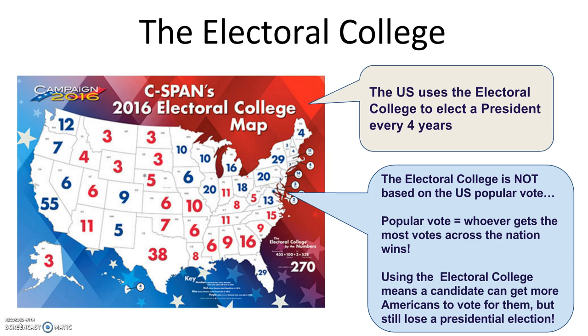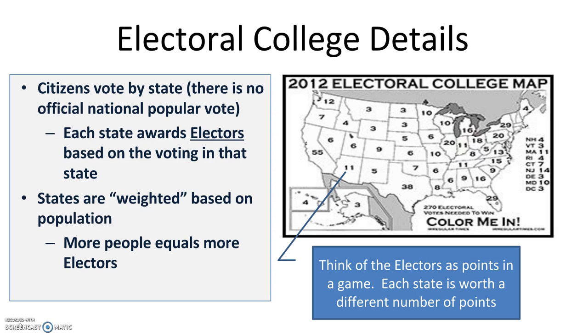The president is chosen through the Electoral College, and there's some important details that make it different from a popular vote. So let's look at some of those important details and figure out how the Electoral College works. Citizens vote by states for the Electoral College. Since there's no national popular vote, popular voting happens within each one of the states.